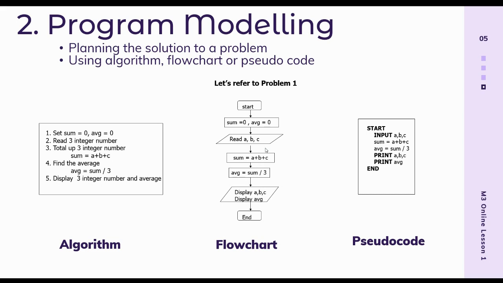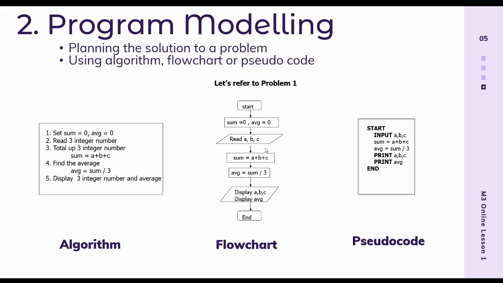Number 4, find the average of the numbers. So we will use the variable avg is equal to sum divided by 3. And lastly, display the three integer numbers and the average. So that is the algorithm of problem 1.